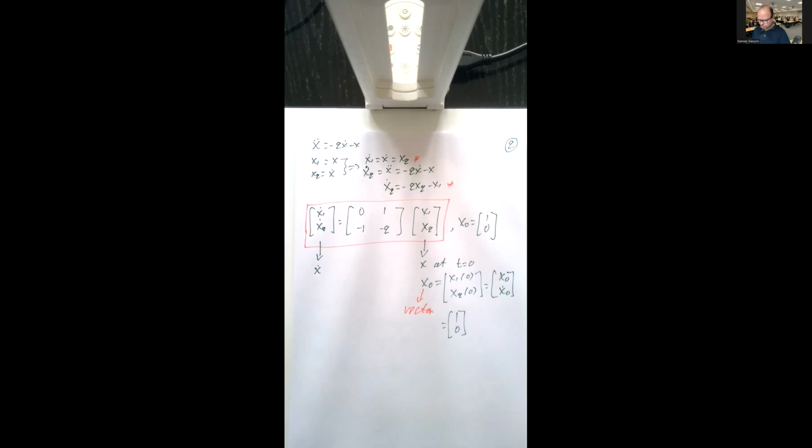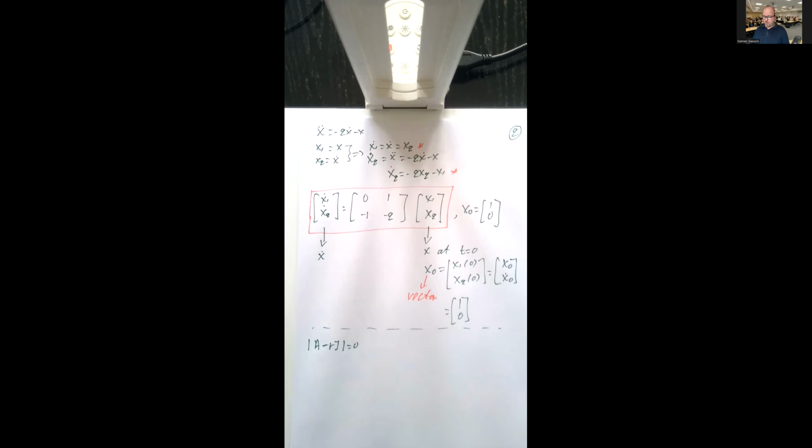Now, the next bit is to solve my state space model. I need to calculate the eigenvalues, as we know. Obviously, you are more than welcome to expand this determinant, but you don't have to do it, because we know that the eigenvalues will be 1 and -1.